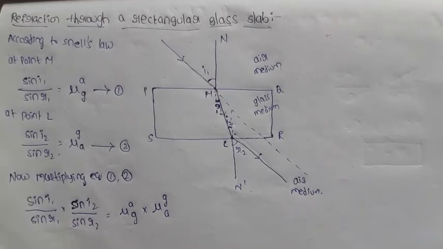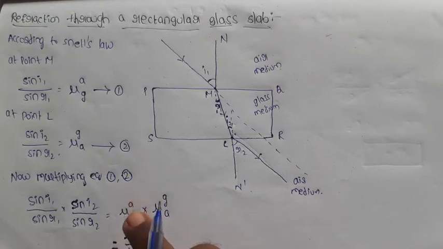We can write refractive index of glass by refractive index of air. Can I write like this? Mu AG, you can write mu G by mu A, means refractive index of the glass by refractive index of the air.